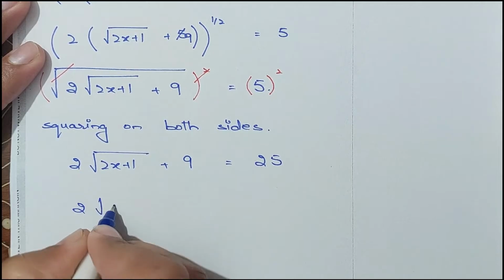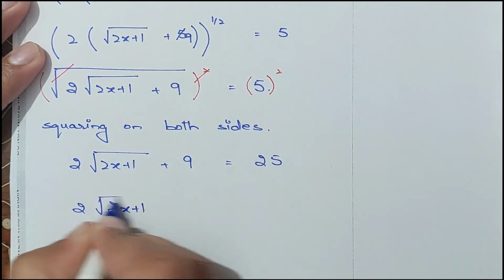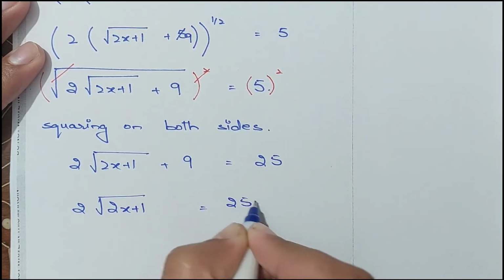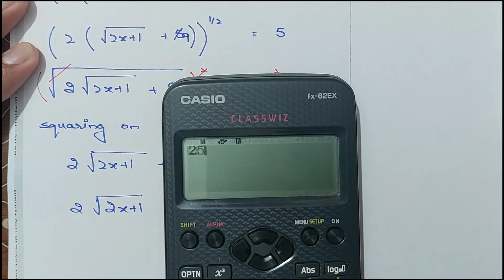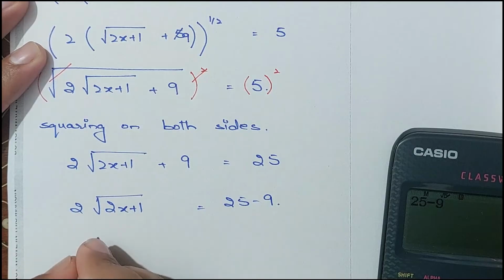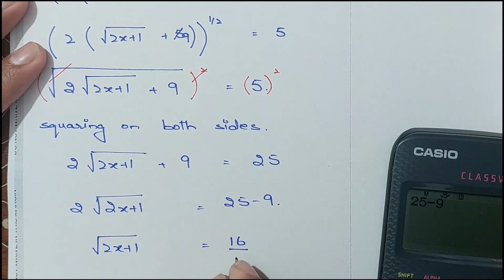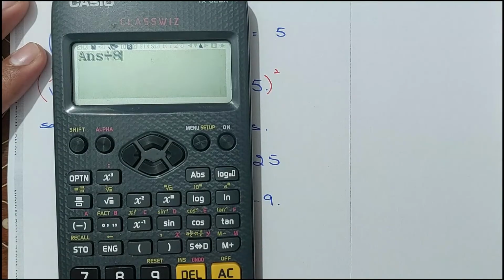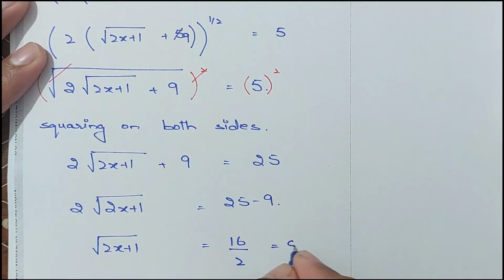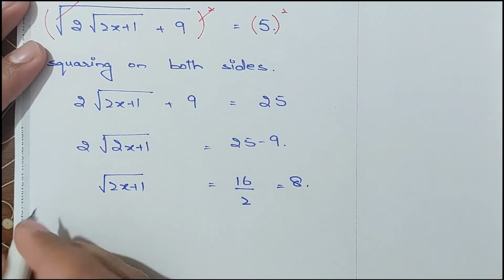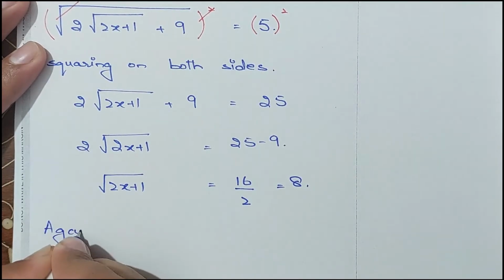So 2 into square root of 2x plus 1 equals to 25, take away 9. Okay, 25 minus 9 is 16. 2x plus 1, this is 16 divided by 2. 16 by 2 is 8. This is 8. Okay, again squaring on both sides.